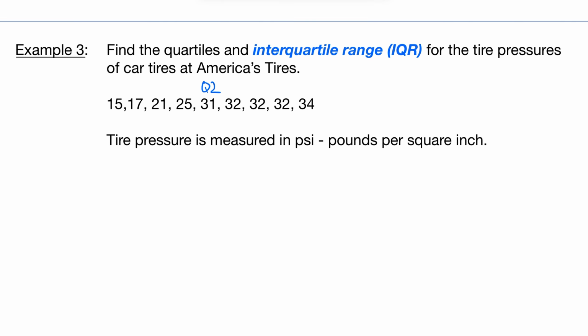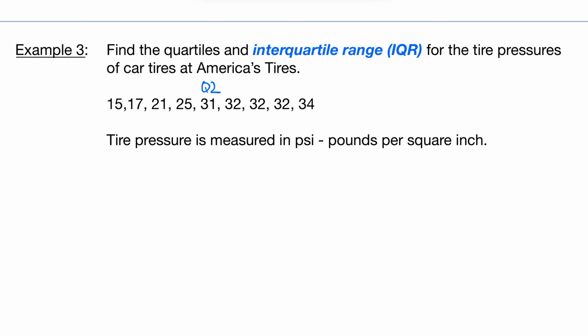All right, so then to find the first quartile, you count the number of numbers before the second quartile. In this case, we have 1, 2, 3, 4, and find the middle term. We have an even number of numbers, and so the middle term is going to be between 17 and 21. How do we find Q1?